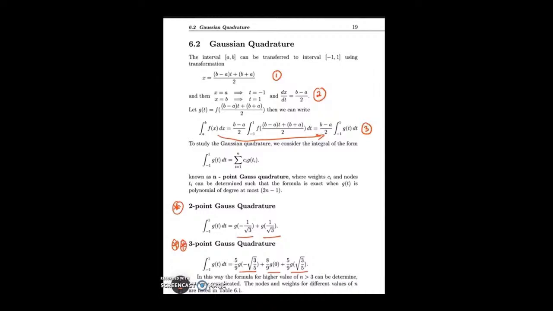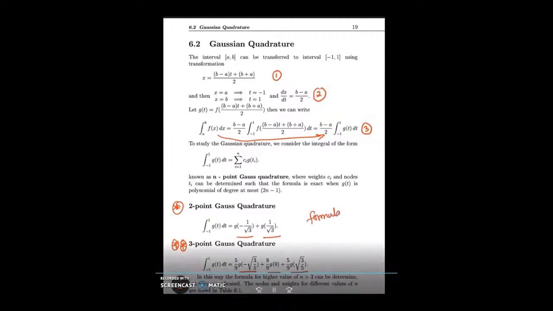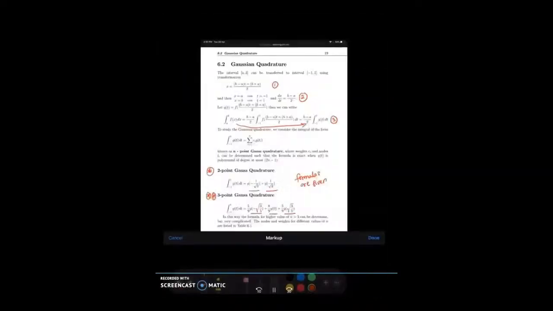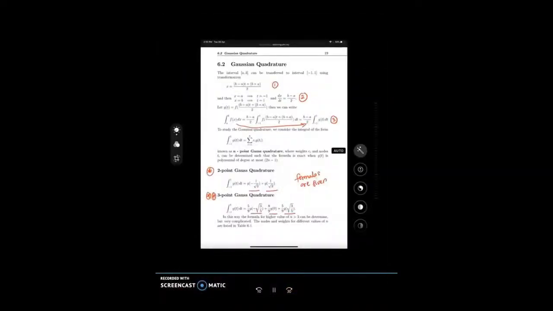You need to find g. What is g? g(t) is f of ((b minus a)t plus (b plus a)) divided by 2. So this is g. dx is (b minus a) divided by 2 dt. Please remember, we are given the formula during the final exam, don't worry, but you need to know the coefficients, the rule, and why we apply the Gauss quadrature.